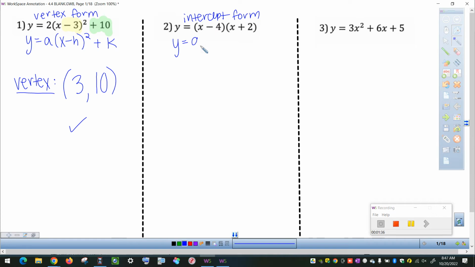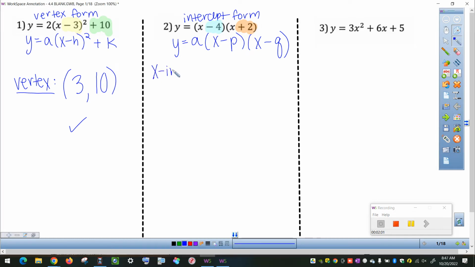So remember that our intercept forms generally look like this. And the P and the Q don't represent anything of the vertex, but those are the x-intercepts on the graph. And because of the minus signs in the formula, the x-intercepts are going to be the opposite sign of the numbers that we see here in our two sets of parentheses.